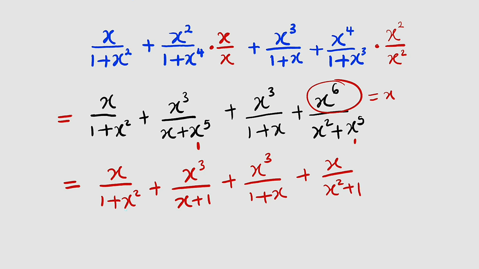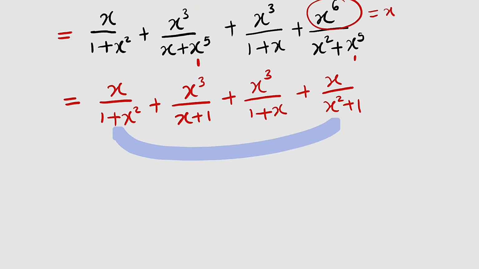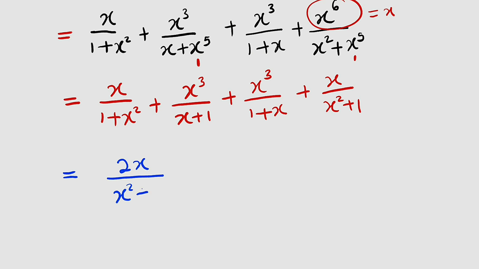So from here, we can join these two together and also join this and this together, right? If you add the first and the last one, we are going to obtain 2x because their denominators are the same, so we are free to add the numerators. x plus x is 2x. So this is equal to 2x divided by x squared plus 1, plus the middle terms, they have common denominators.